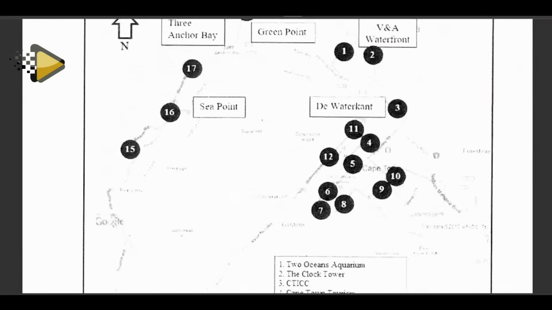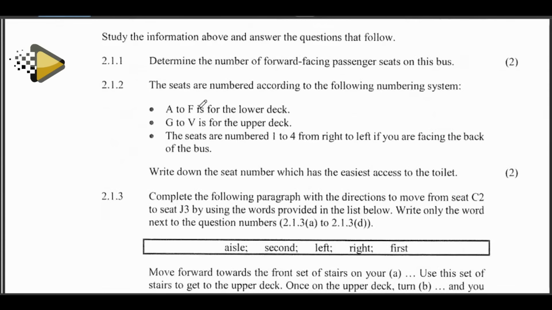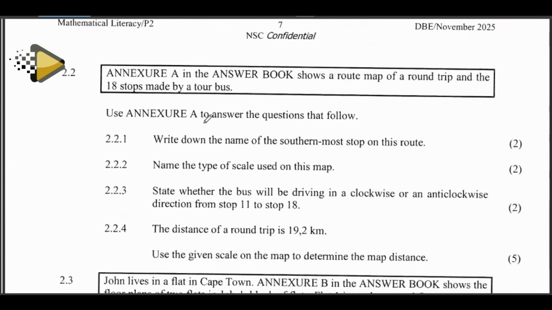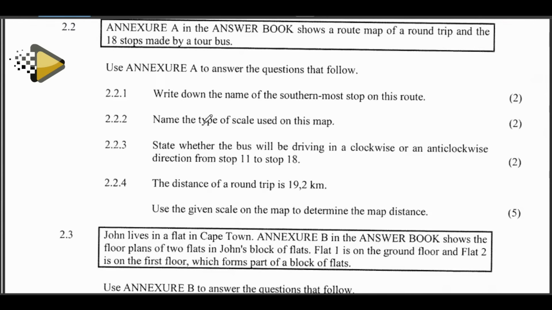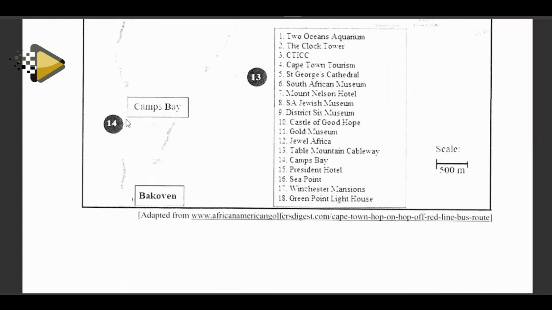2.2.2, you look at the next question. It wants us to write down the name of the southernmost stop on the route. You look at it, we have Camps Bay and Bakoven.